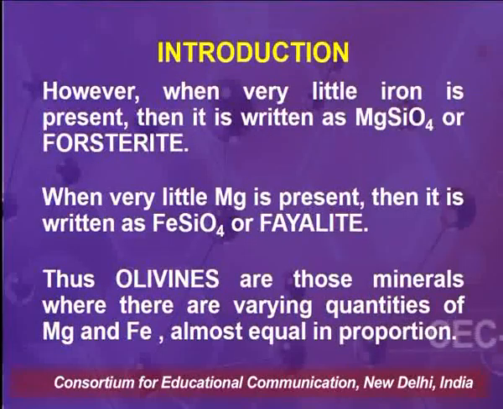However, when very little iron is present, it is written as magnesium silicate, and the mineral is named forsterite. When very little magnesium is present, it is written as iron silicate or fayalite. Thus, olivines are those minerals where there are varying quantities of magnesium and iron, almost equal in proportion.